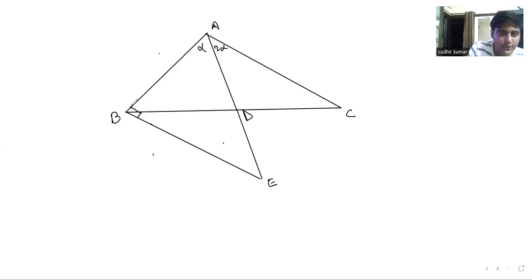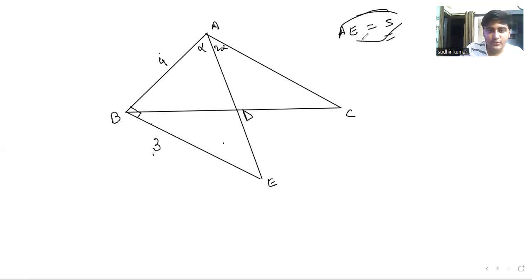It was given that the length of the side BE is 3 and the length of the side AB is 4. So by right angle triangle, we can also say that the length of the side AE will be 5. But it will not be used in the question.